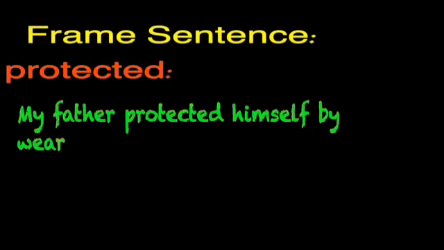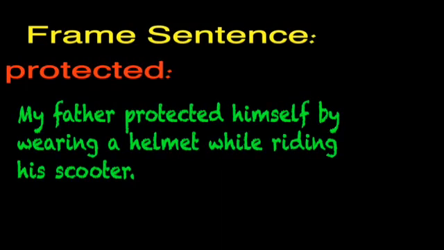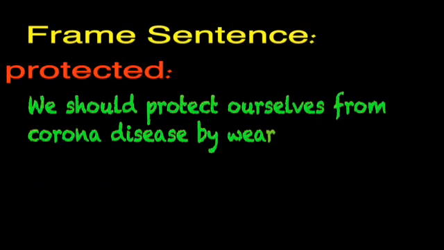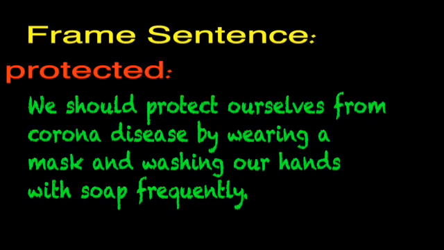Frame sentence. My father protected himself by wearing a helmet while riding his scooter. We should protect ourselves from corona disease by wearing a mask and washing our hands with soap frequently.